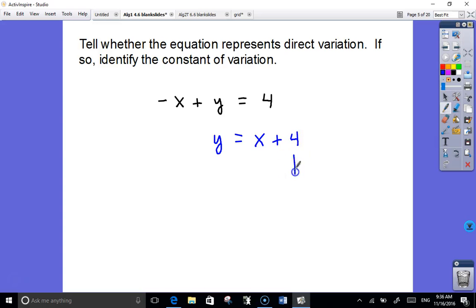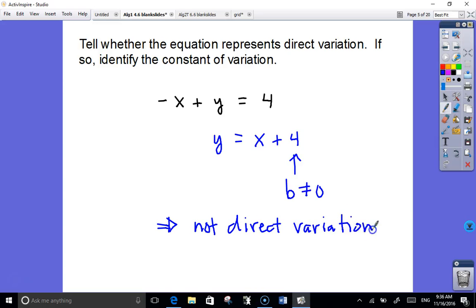Yeah. b does not equal 0, therefore not direct variation. Which means you don't have to do the second part, because it's not a direct variation. It doesn't have a constant.